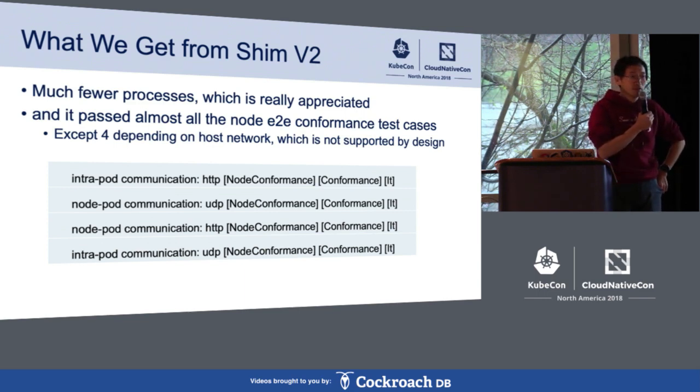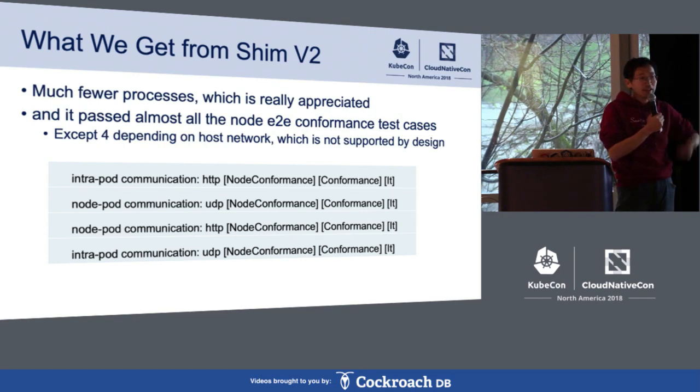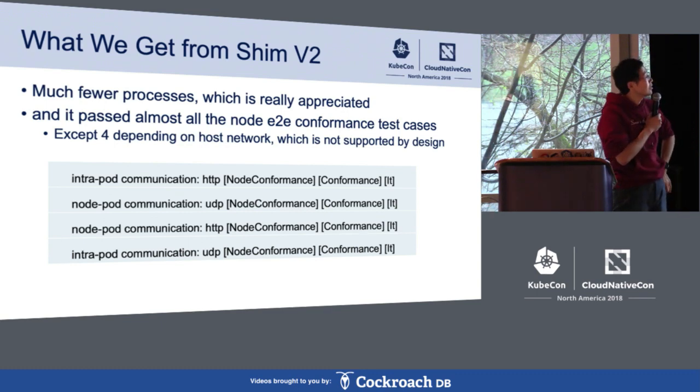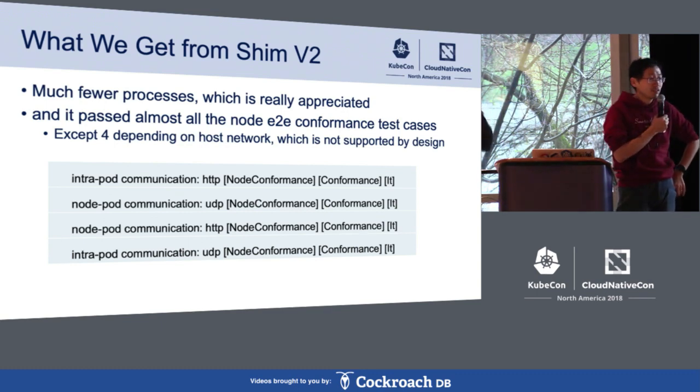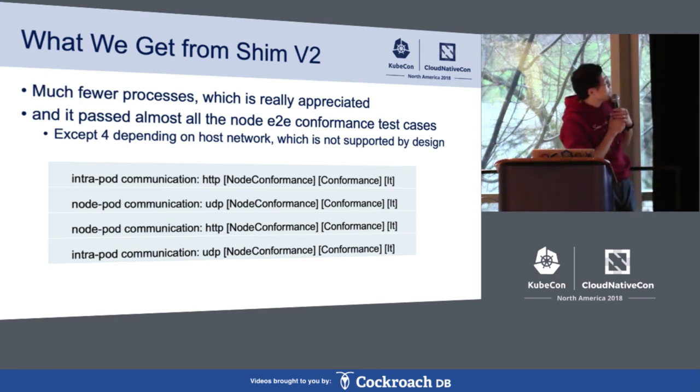That means putting the sandbox inside the network namespace with the host, sharing the same namespace with the host, making it as a container in the host system. This breaks the isolation for the sandbox, and that's not supported by design. It's not a bug, it's a feature. So all the other things are supported.